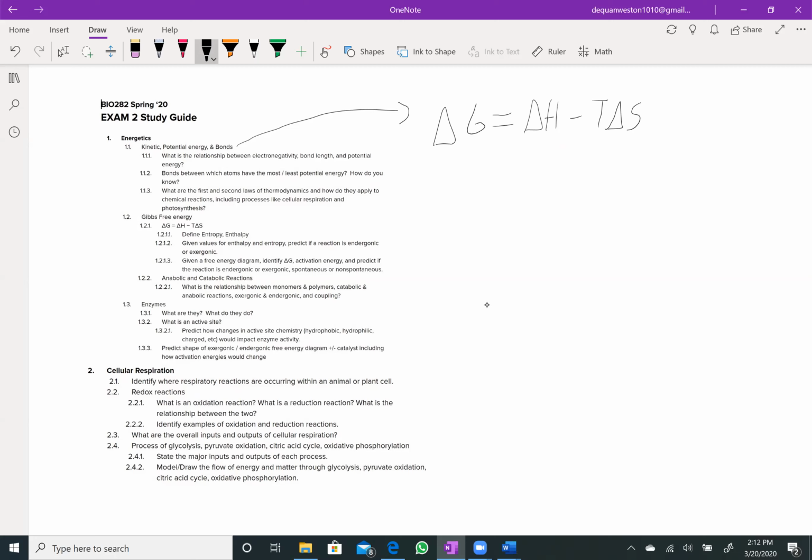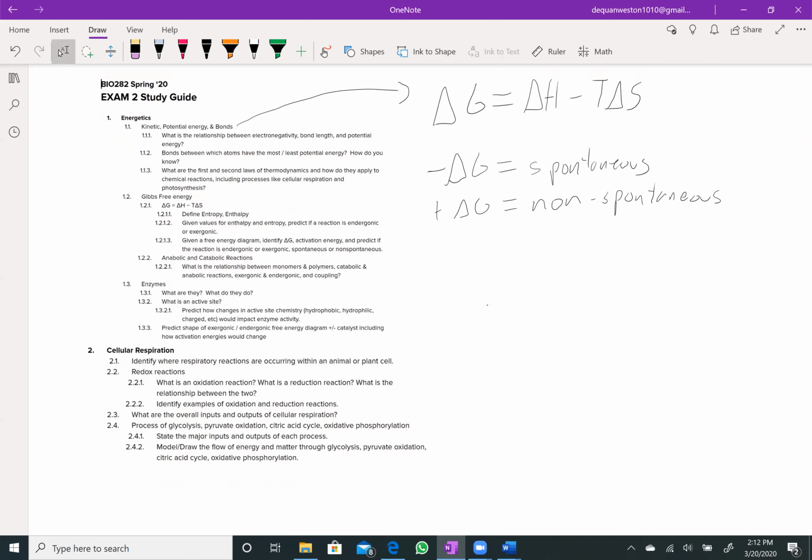Right off the bat, we'll just talk about G. A negative change of G is spontaneous. A positive change of G is non-spontaneous. And from now on, I'm just going to write spon and non-spon because writing out spontaneous kind of sucks.